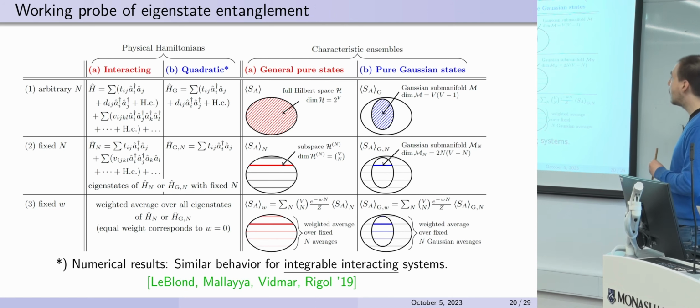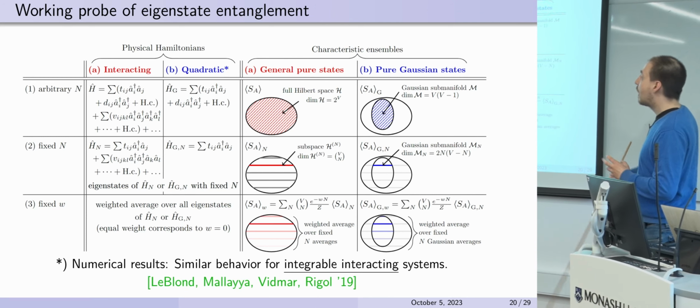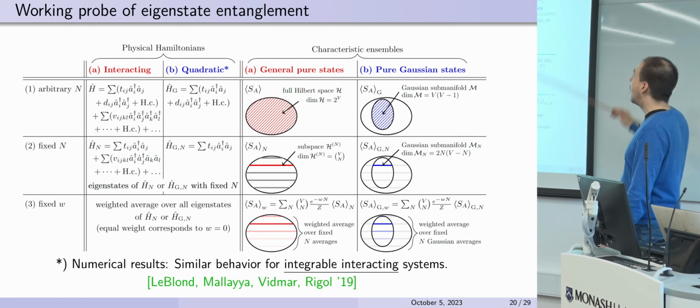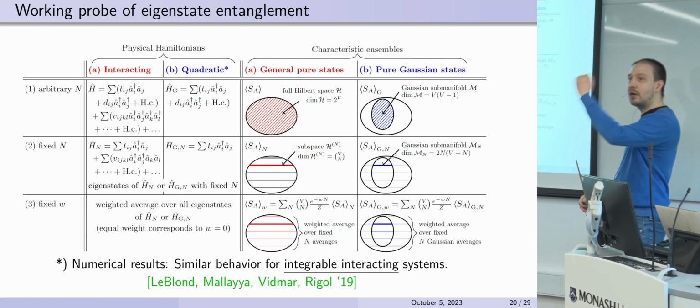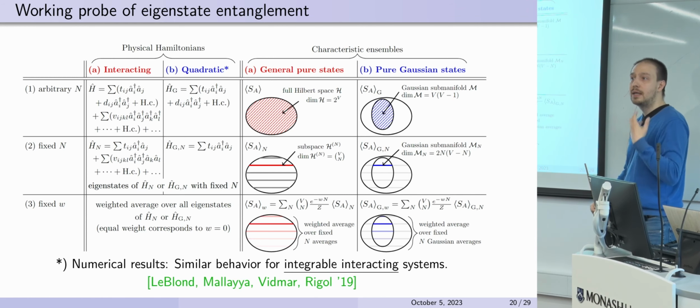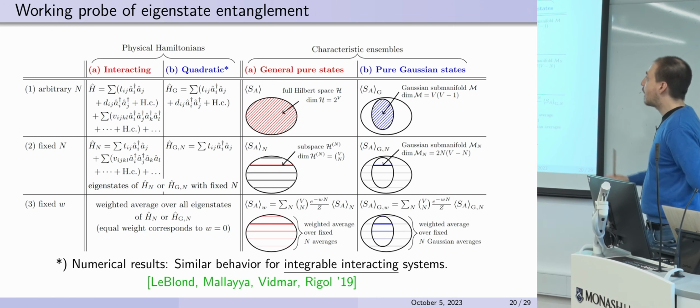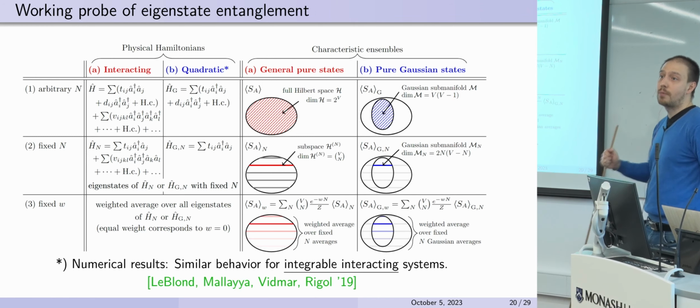And what we are claiming is they are still well approximated by the behavior that we see for pure Gaussian states. We're not claiming they're exactly like that, but that this behavior of a lower entanglement entropy is a signature or a probe of the departure from quantum chaos.